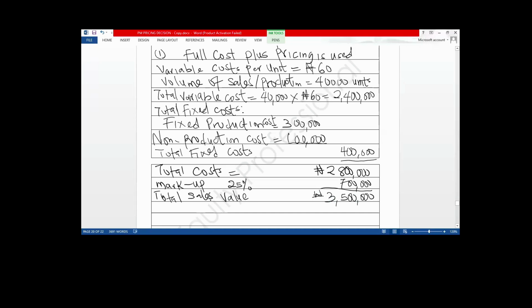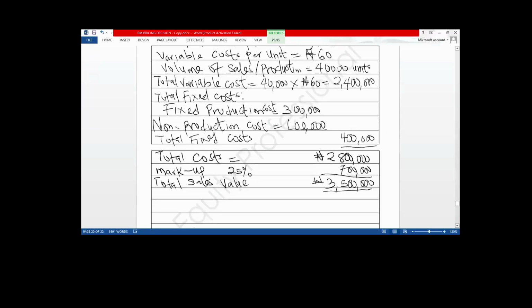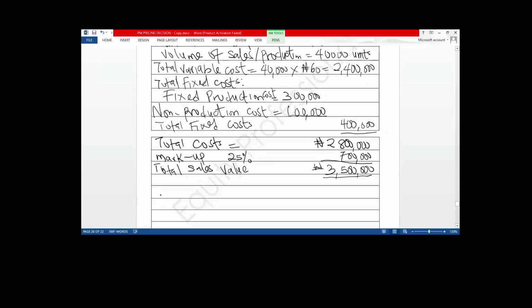Now, what is price per one? Remember, this is total sales value. Volume of sales is 40,000. Total sales value is 3.5 million. What is selling price per unit? Look at it, please. Our volume of sales is 40,000 units.